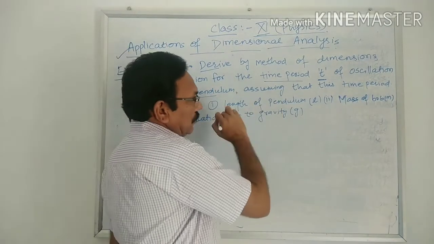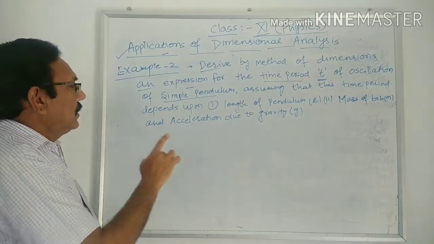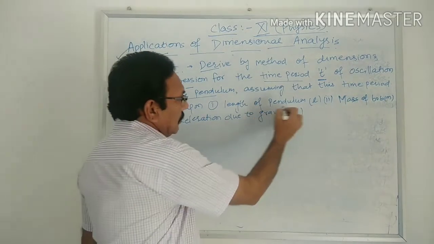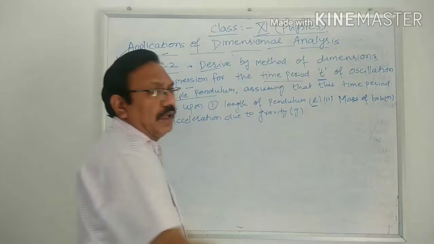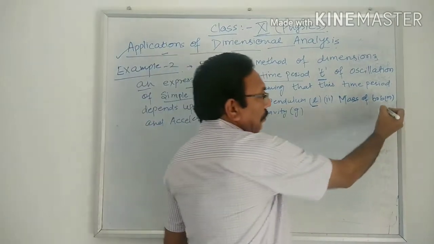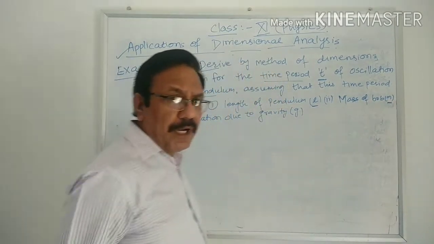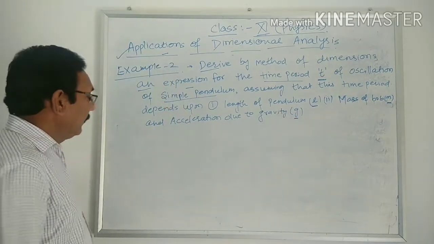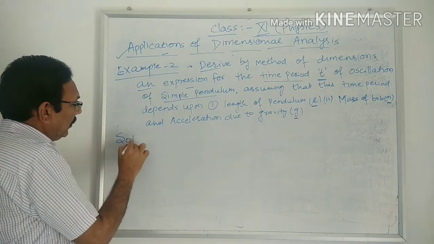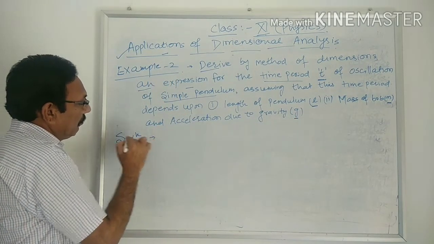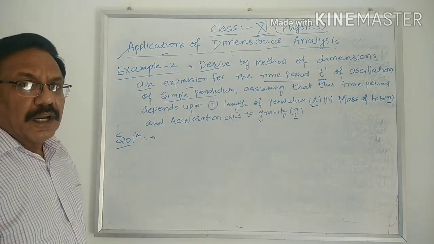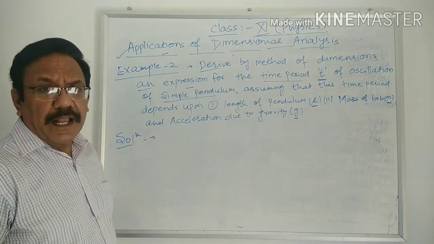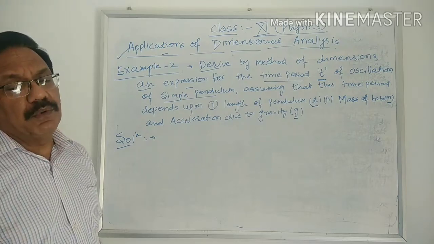Here we are assuming the time period of the simple pendulum depends upon the length of the pendulum, the mass of the bob of the pendulum, as well as acceleration due to gravity. In this problem, we have to use the method of dimensions to find the time period expression for the pendulum.